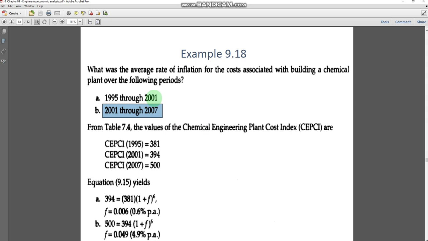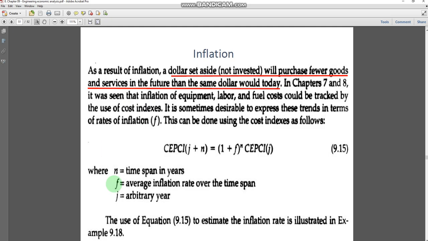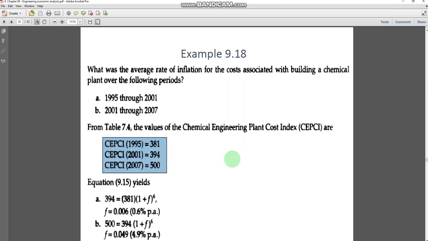For the first part, we have to get the value of the CEPCI for 1995, for the year 2001, and for the year 2007. Once we have the CEPCI indexes for these years, we can use this equation to get the value for the inflation.